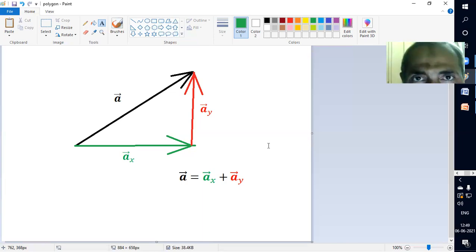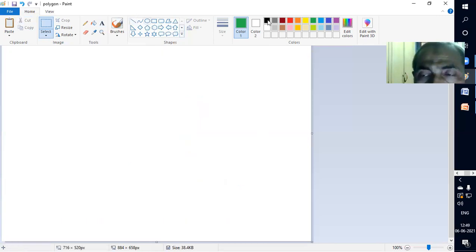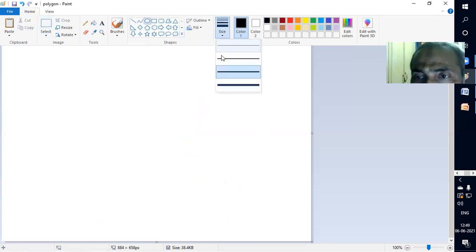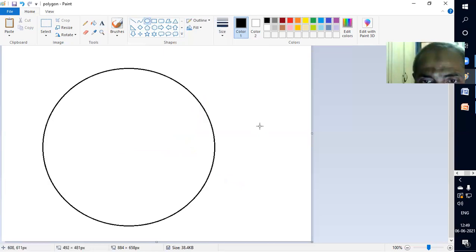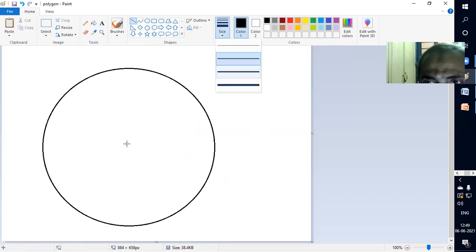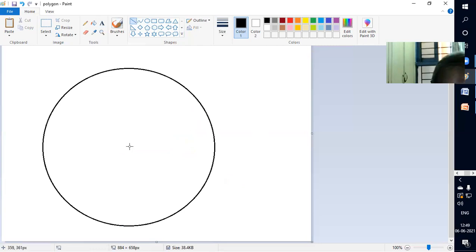Now let's see how this is possible. Let me take another figure. Let me remove this. Okay. Let's consider one circle. Here, let's consider one straight line. Let's consider one simple pendulum which is suspended here.